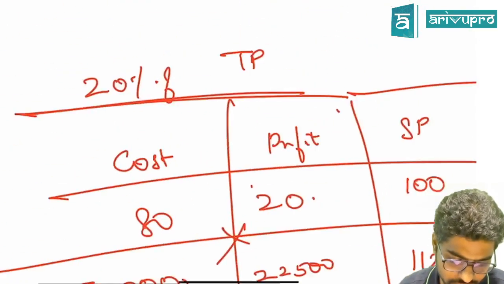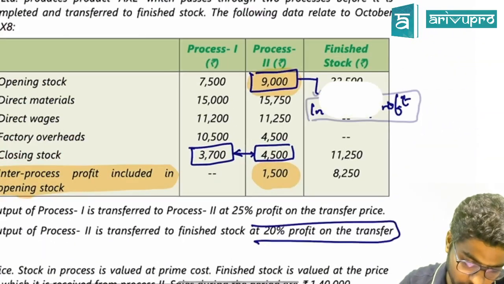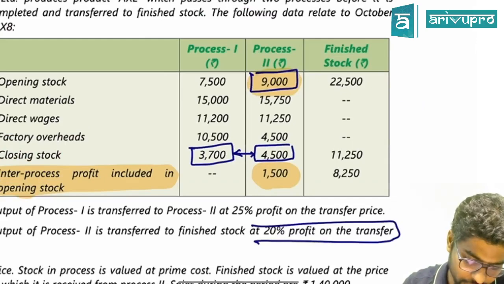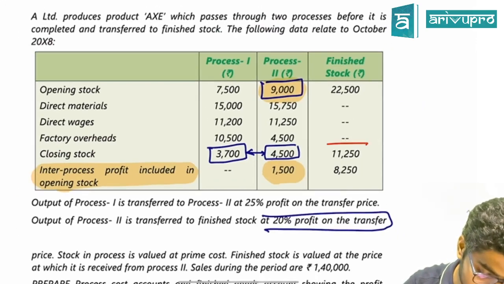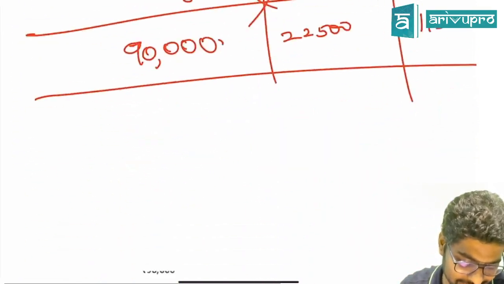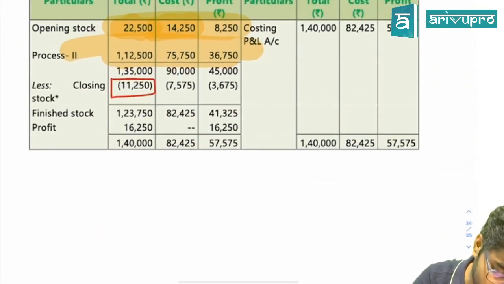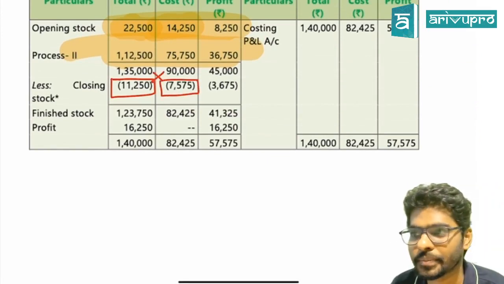Now see here, there is no other cost here except the closing stock of 11,250. The moment they tell me that I know what has to be done, I'll take the value of closing stock here, do the cross multiplication to find the cost. Yes or no?